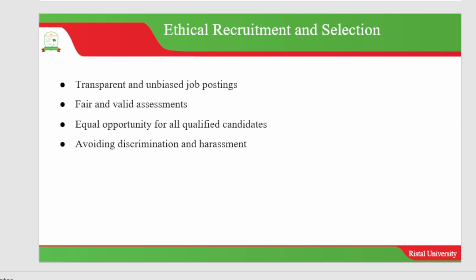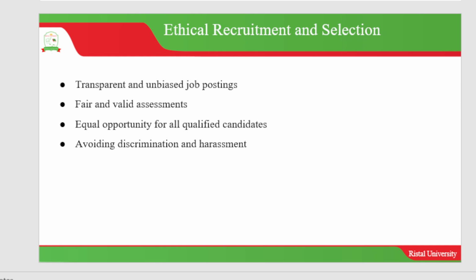So recruitment has to be transparent and unbiased. So we are talking about the job posting. If you're advertising for a position of a clinical officer, it has to be in a transparent way. You have to make sure that you post it either in the NGO forum. This is what people are doing nowadays. You take the advert there to be posted so that millions of people can view it.